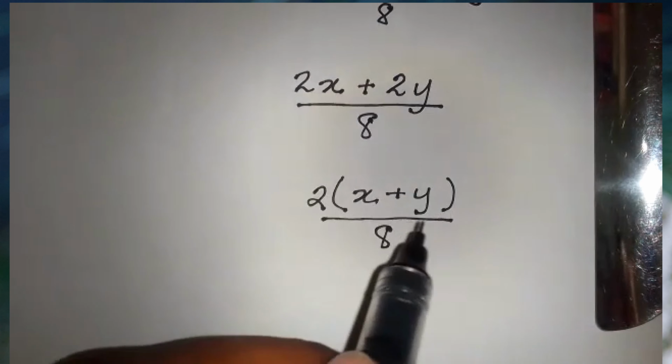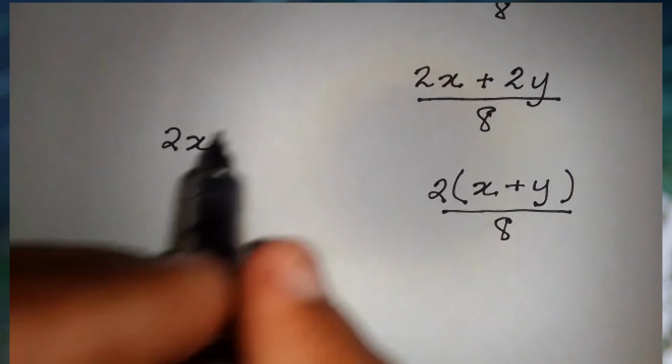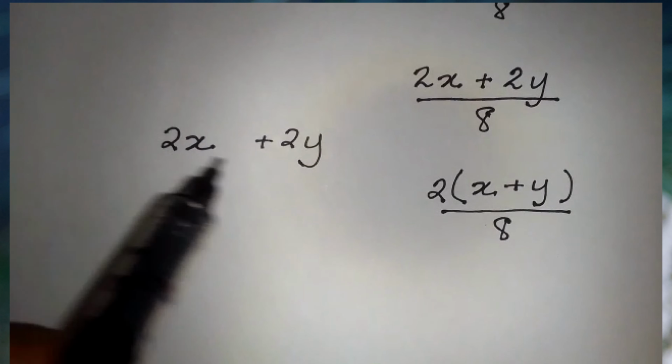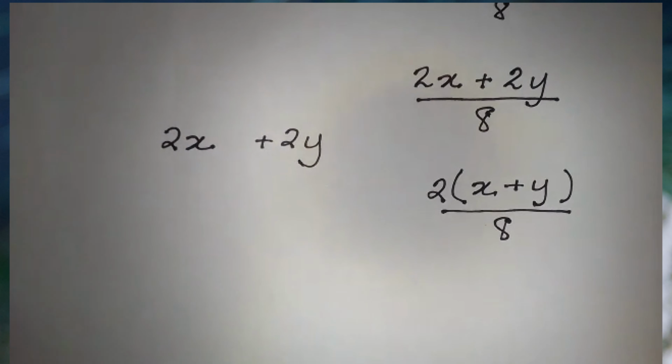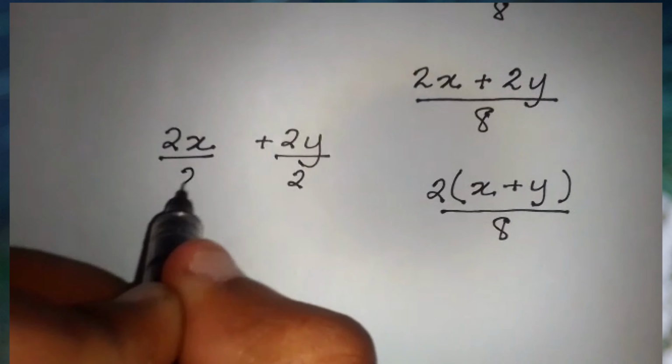This part might be a little confusing. Let me show you to the side. So here I have 2x and I have 2y. I will notice that 2 is common for both of them. So 2 is a common factor of 2x and 2y. So I'm going to pull out that factor by dividing by the common factor.